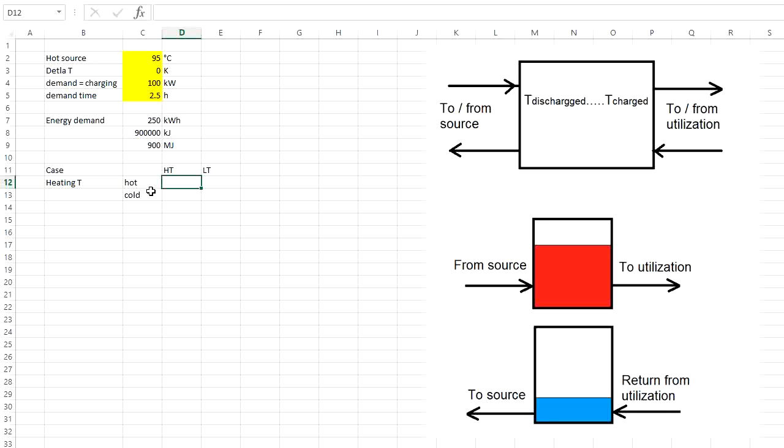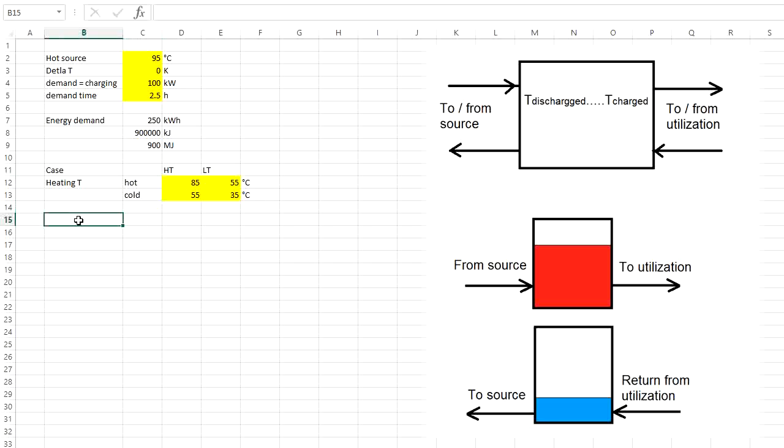The high temperature heating had required temperature 85 degrees C and it cooled it down to 55, while the low temperature heating system required 55 degrees C and the return temperature was 35 degrees C. So these were also our inputs.